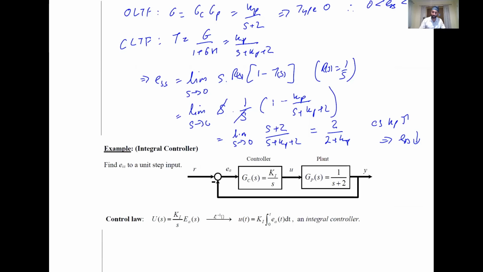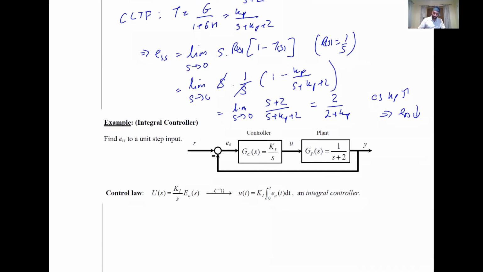So being a unity feedback, E is also representing the tracking error signal. So in this particular case, because the actuation is proportional to the integral of the tracking error, this controller is referred to as the integral controller.